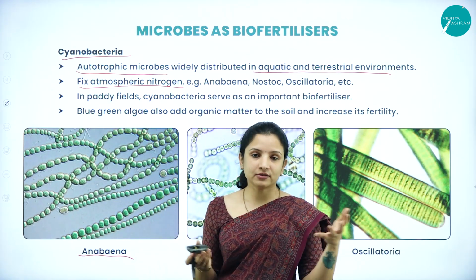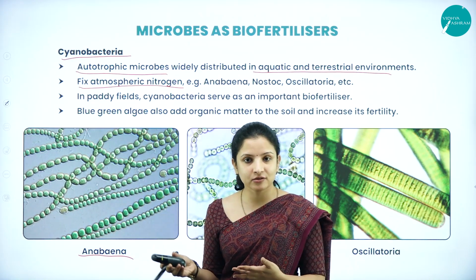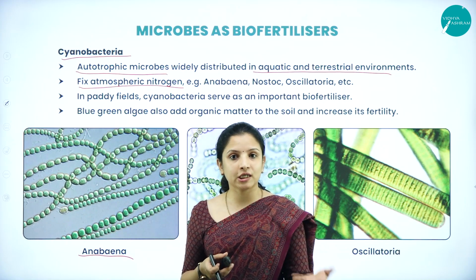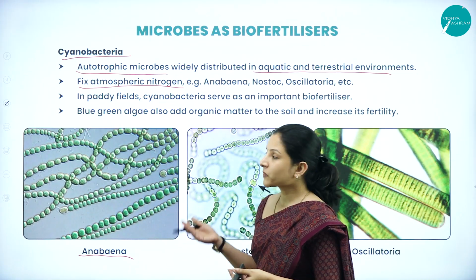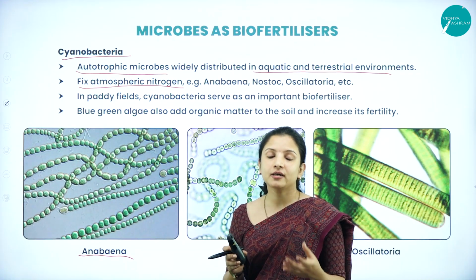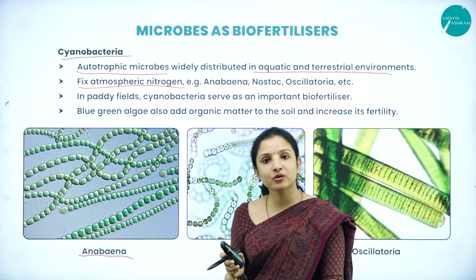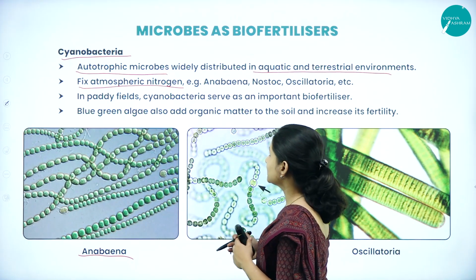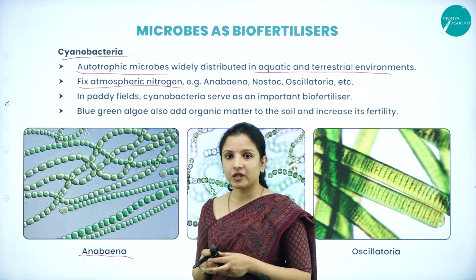And whenever the Azolla grows on a large scale, they can put it to the fields, especially paddy fields, so that it helps in nitrogen fixation and therefore increases the nitrate content in that particular soil. Therefore, it can be utilized by the plants for proper growth and development. So that is how they help in fixing atmospheric nitrogen.